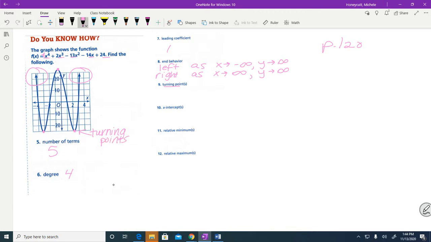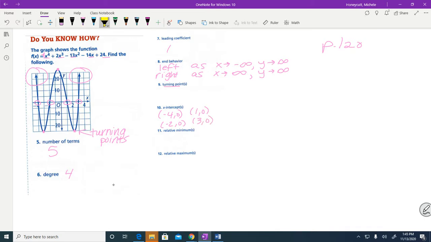It was decreasing, changes to increasing. X-intercepts are the same. This graph has x-intercepts at -4, -2, 1, and 3, so (-4, 0), (-2, 0), (1, 0), (3, 0).